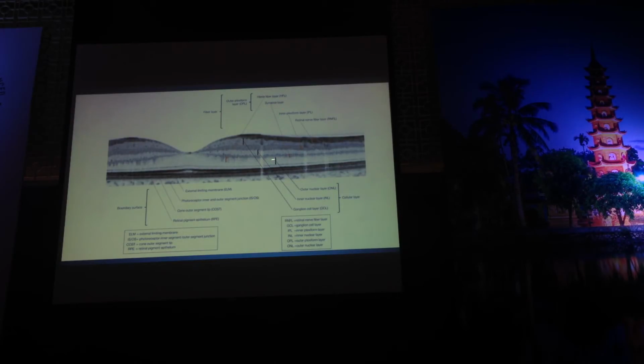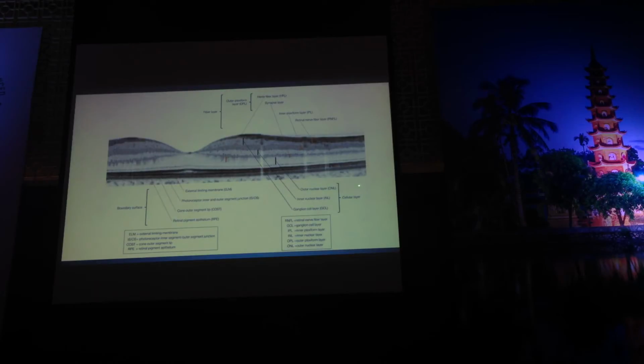Sorry, my eyesight is not very good. The next one is the interplexiform layer, and the next one here is the retinal nerve fiber layer. This is all summed up as the highly reflective layers of the OCT strip.